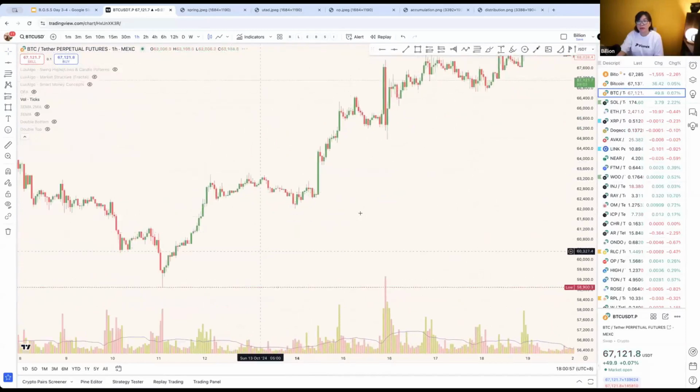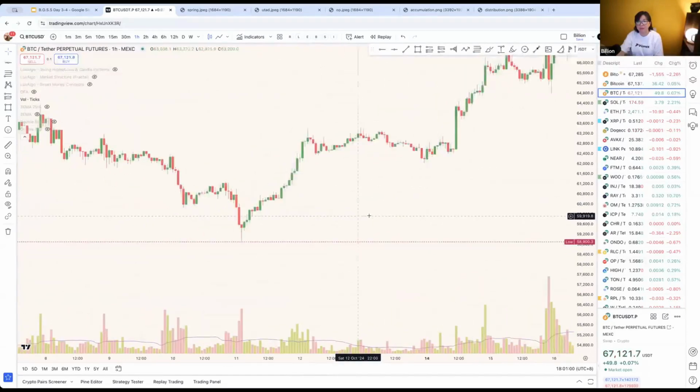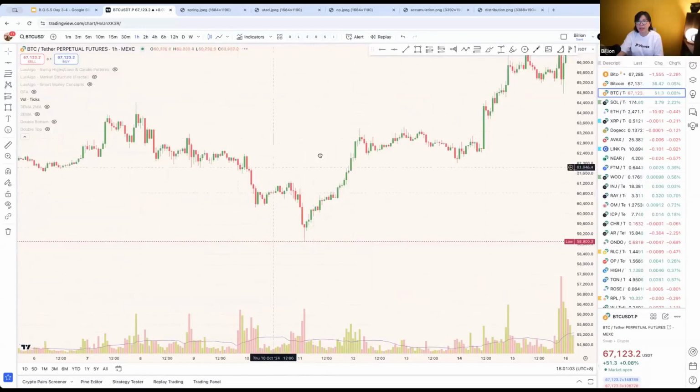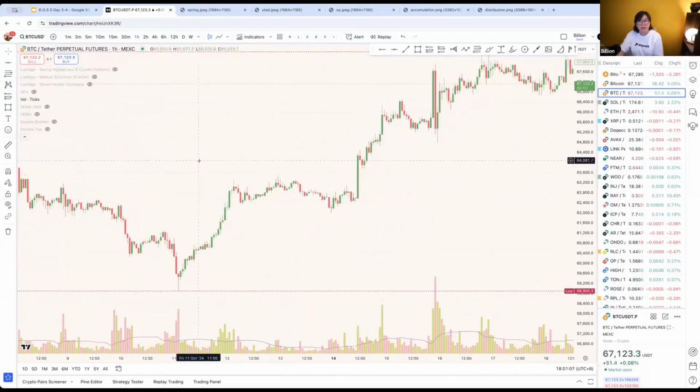So I say order block is a very big topic, and unless you are really familiar with it, it is not common. It is unlike support resistance, trend line, supply demand, that you can see everywhere.